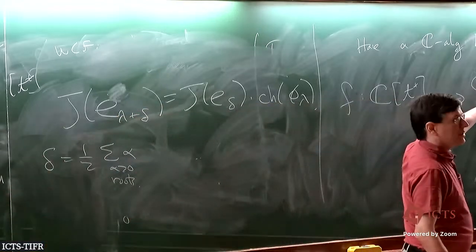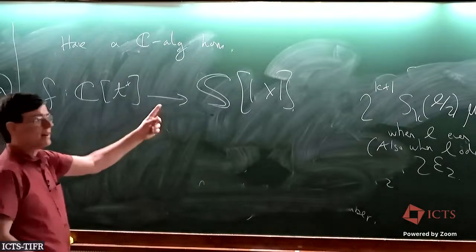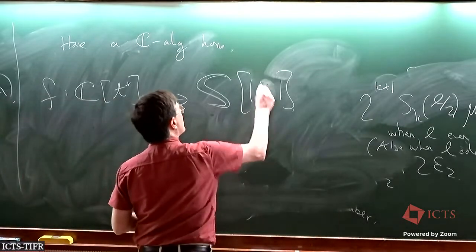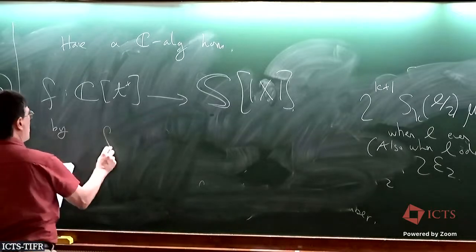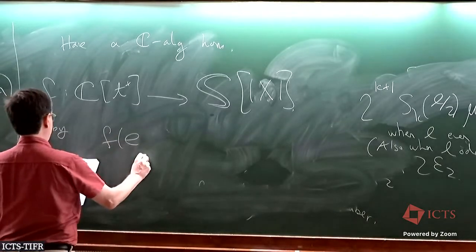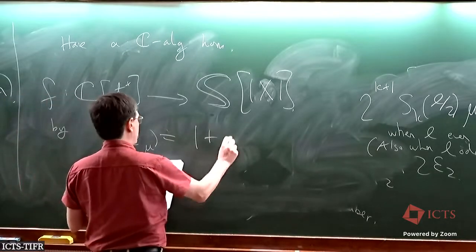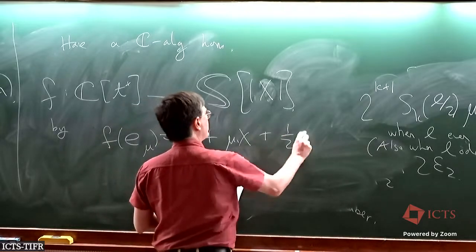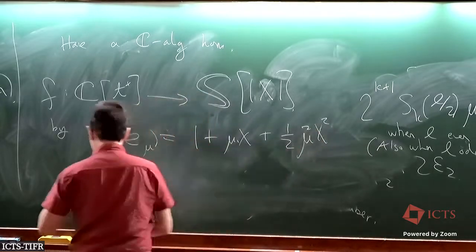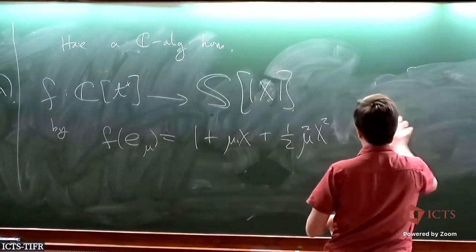The target is a commutative ring that we were talking about before. It's the symmetric algebra over T star, with power series in x. I can define it by requiring that F of the basis element e^mu is 1 plus mu times x plus a half mu squared x squared, and so on, using the exponential power series.